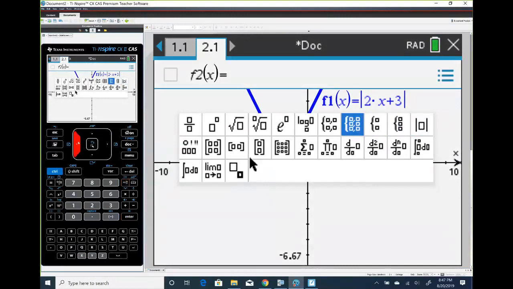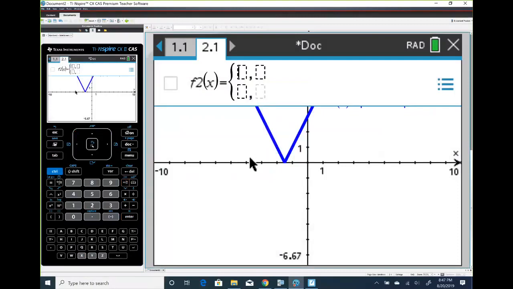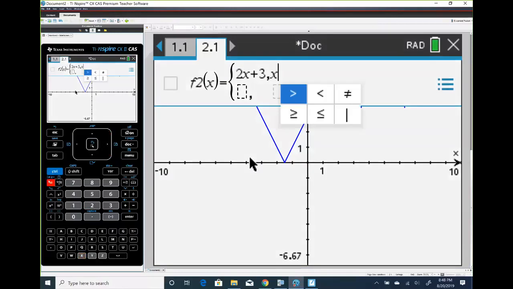I need 2 pieces. And again, I would type my 2x plus 3, where x is greater than or equal to negative 1.5. My greater than or equal to is a control equal. And I'm just going to type in my negative 1.5.